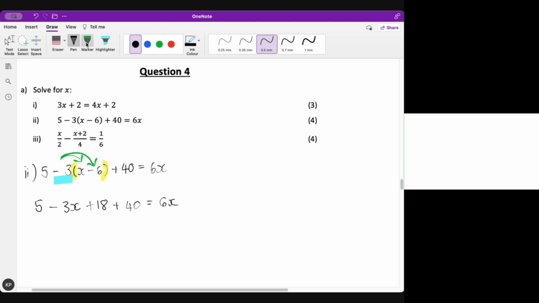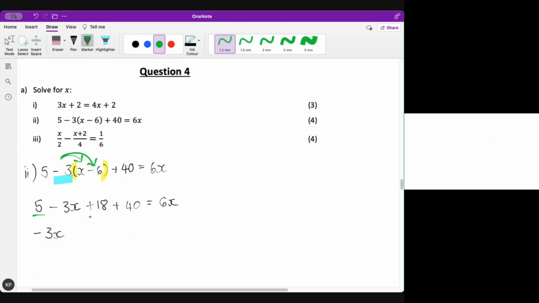Now we want all the x's on one side and all the numbers on the other side. So I'm going to take this 6x, take it over that way. Okay, maybe I should first add the like terms on the left-hand side. -3x doesn't have any like terms, so I'm just going to rewrite it.